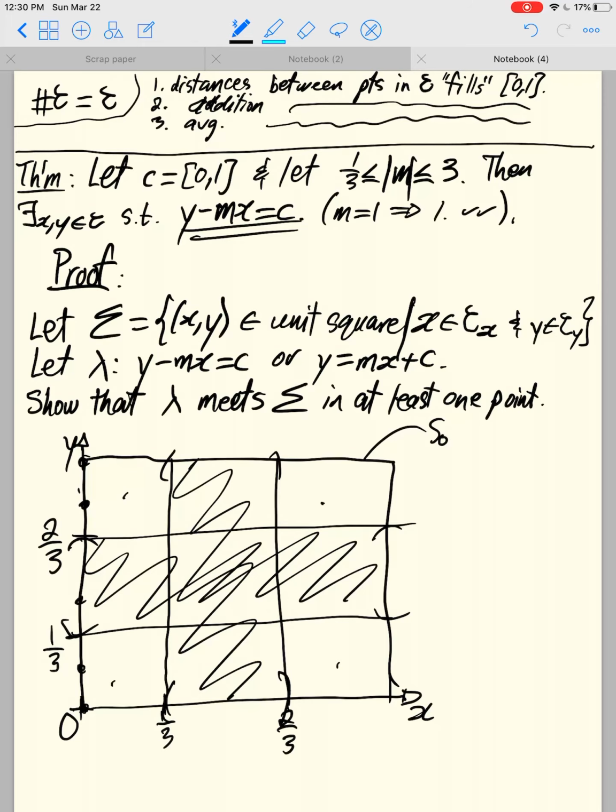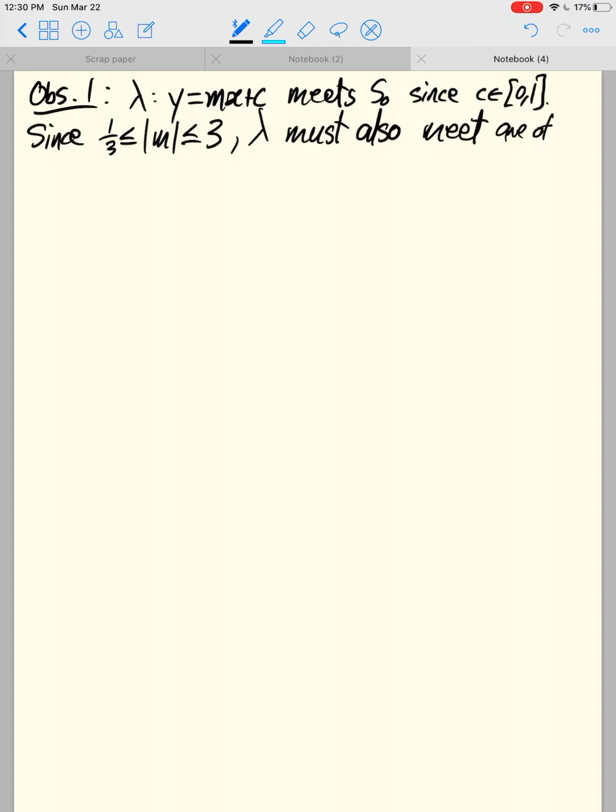We haven't removed anything yet at that stage for the unit square, so that's obvious. But since the slope is either between -1/3 and -3, or between 1/3 and 3, we can see that lambda, the line, must also meet at least one of the 4 smaller outer squares.